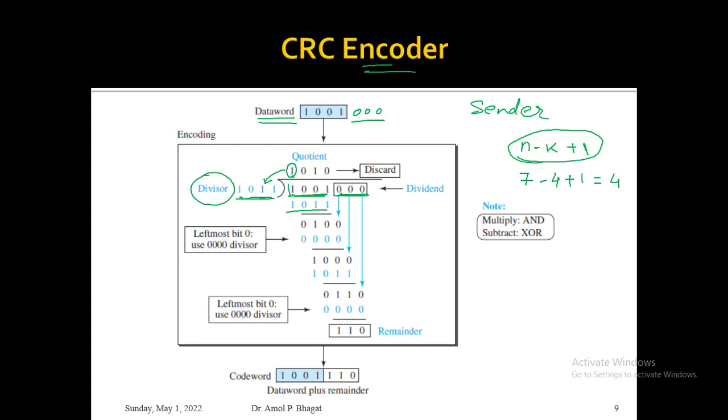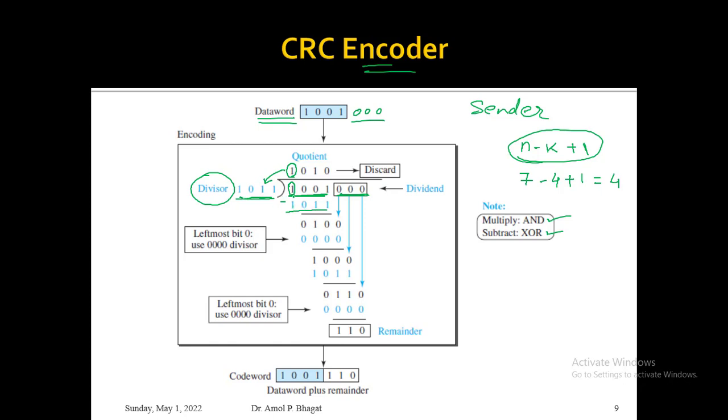Because the first bit in this dividend is 1. Whenever you perform multiplication, it is performed as per the AND operation, and in division the subtraction will be performed as XOR operation, right? So here it has been multiplied with 1, so 1011 has been written here.